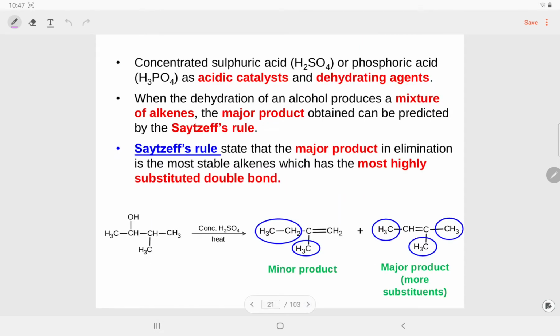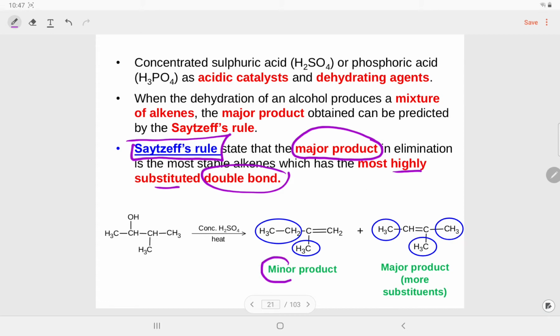So remember the rules here. During the formation of the major product, we must consider one rule, which we call the Saytzeff rule. This rule is used to determine the major product, which has the more highly substituted carbon-carbon double bond. According to the final equation, we just have a comparison: one is a minor and one is a major.